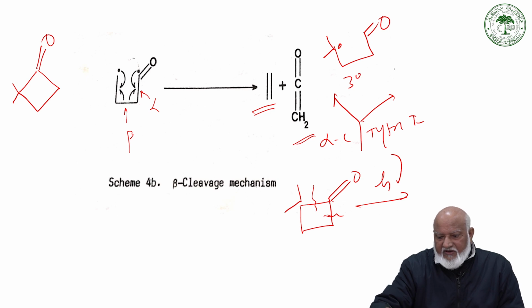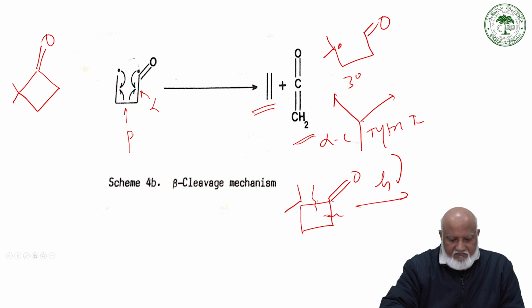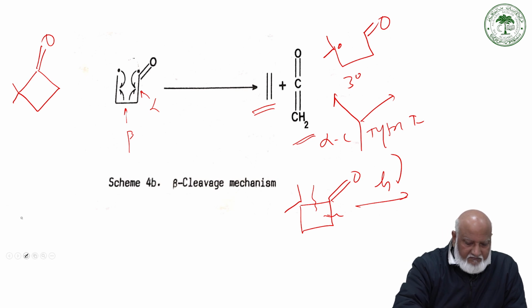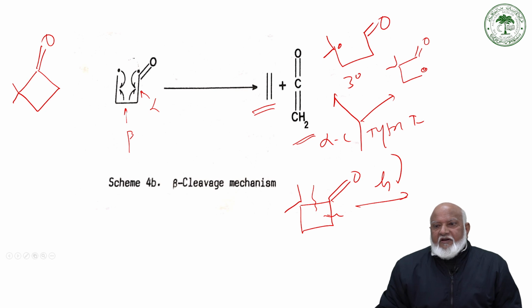If we cleave this, we get a primary one. So these two radicals are possible under photolytic conditions.